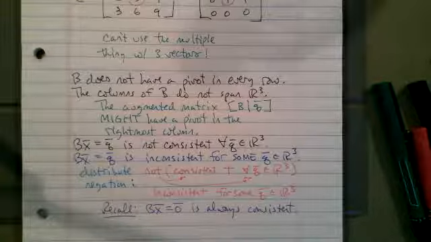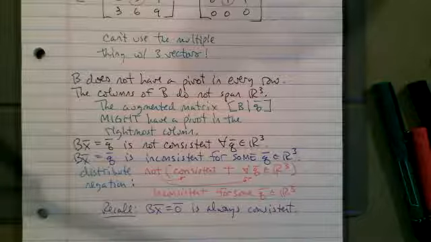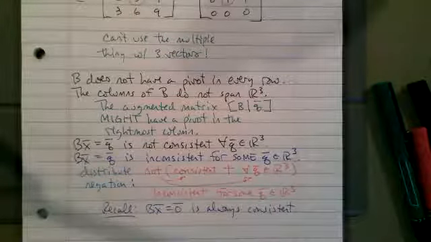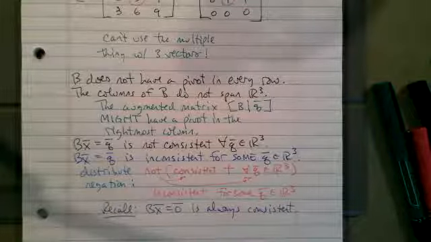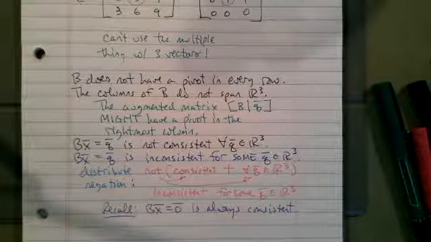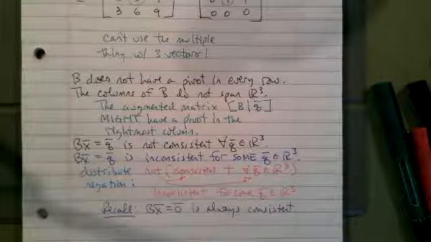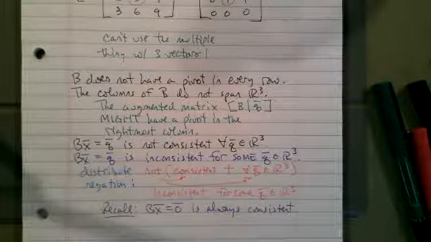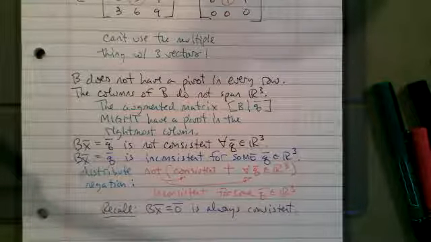No, we cannot say that Bx equals Q does not have a unique solution. We could say that Bx equals Q does not have a unique solution for all Q in R3 because Bx equals Q does not have a solution for all Q in R3. It's important to drop the unique, because are you saying the solutions aren't unique, but there is one for all Q in R3? Or is it that it just doesn't have a unique solution? So if you throw unique in there, why are you talking about unique when we're talking about pivots and rows?